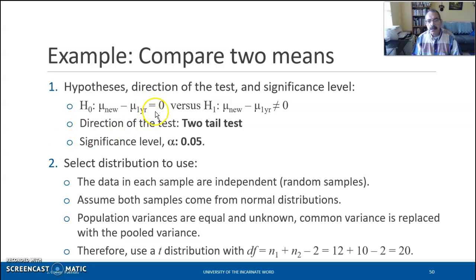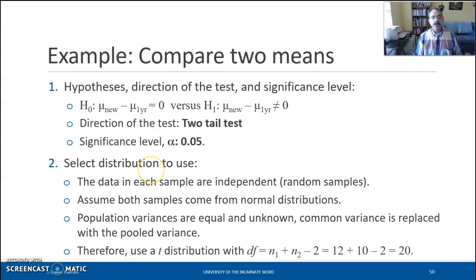So that is the alternative hypothesis, written as the mean of the newly produced drug minus the mean of the drug that has been stored for 1 year, and under the alternative hypothesis, we want to see if that is different from 0. Under the null hypothesis, that difference is equal to 0. Clearly, this is a two-tailed test by looking at the alternative hypothesis, and the significance level is given as 0.05.